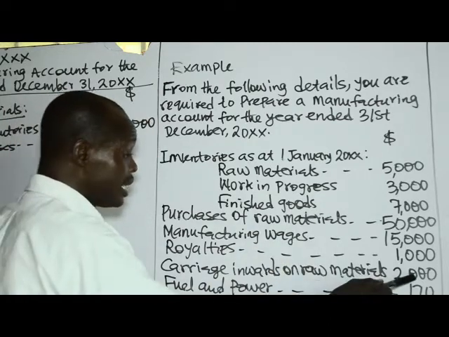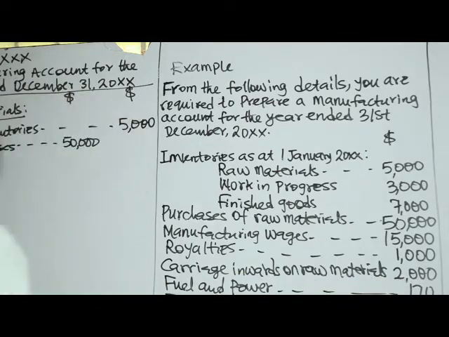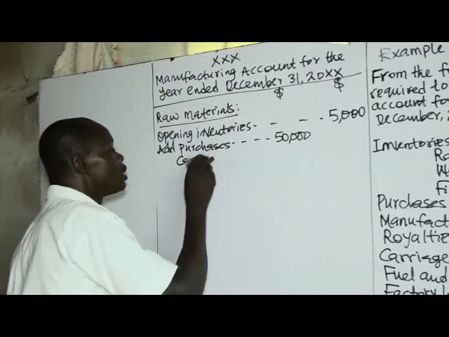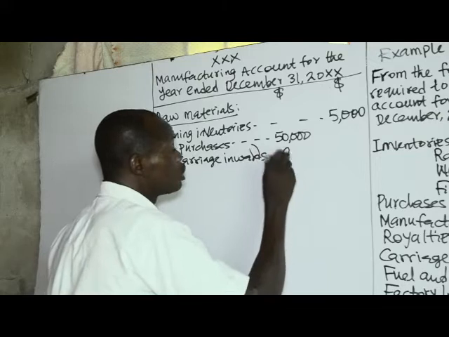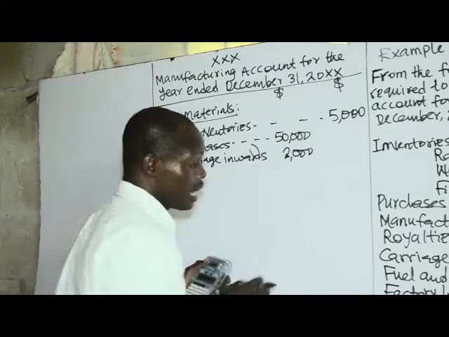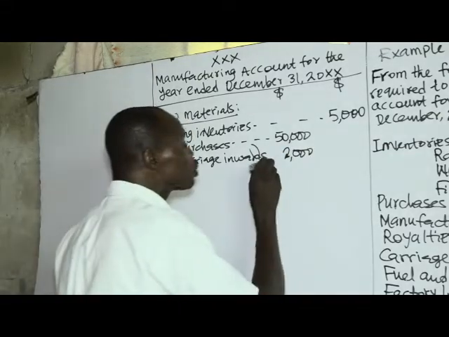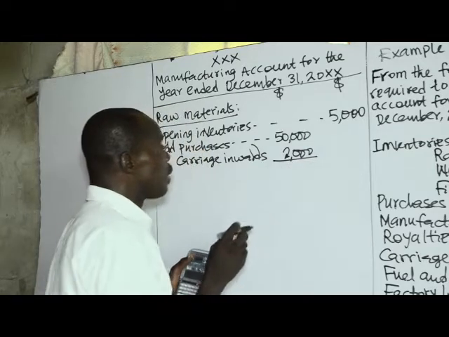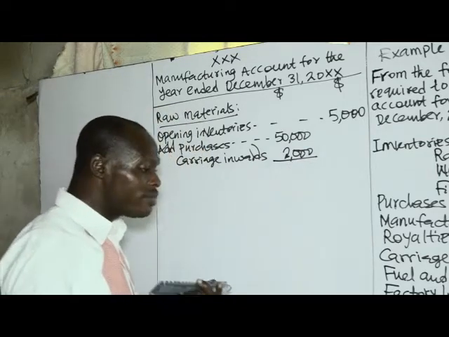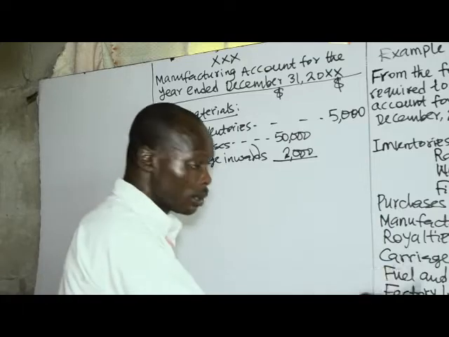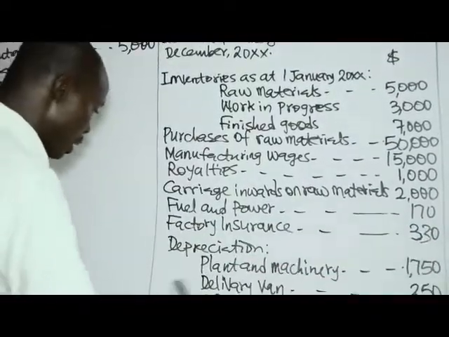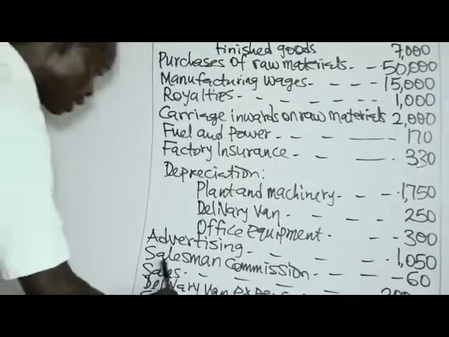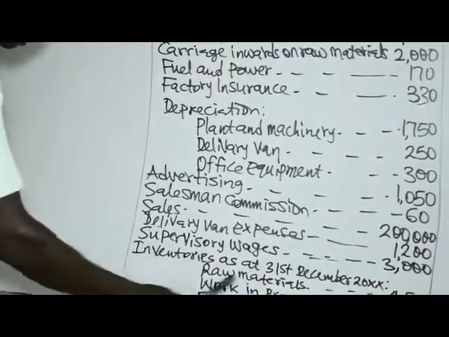So we are going to add this 2,000 to the purchase. We add carriage inwards, that is carriage on purchase, which is 2,000 of raw materials. When you add 2,000 to 50,000, then you have 52,000. But let's check if there are returns. Back to the question. After carriage inwards, we have fuel and power, factory insurance, depreciation, advertising, salesman commission, sales delivery van.